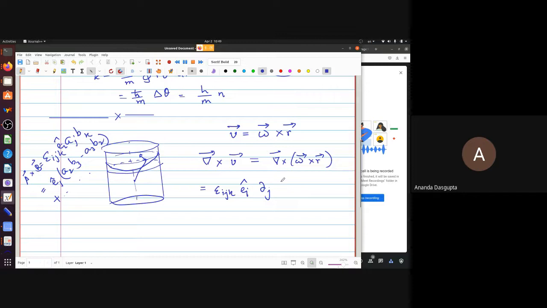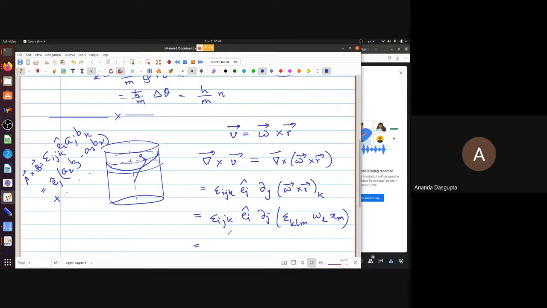That's what you have to put in, right? And what's that? This will be epsilon klm. The kth component of omega cross r is omega_l r_m, but r's mth component is nothing but x_m, right?